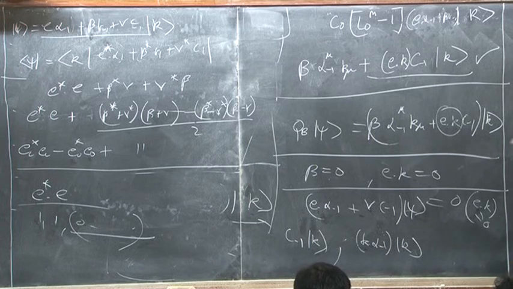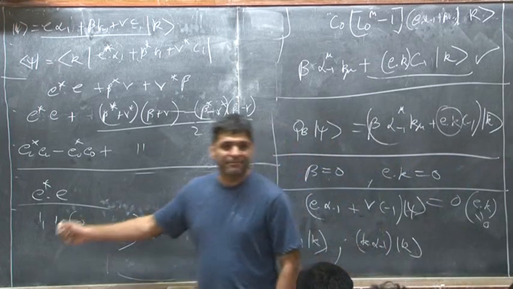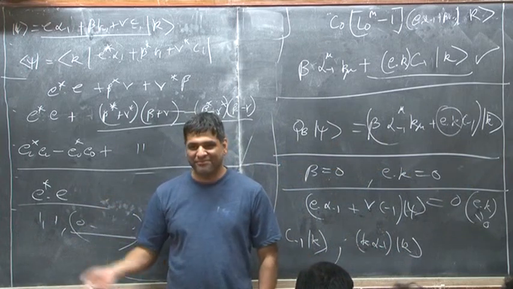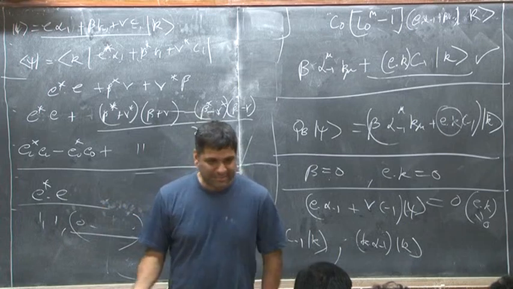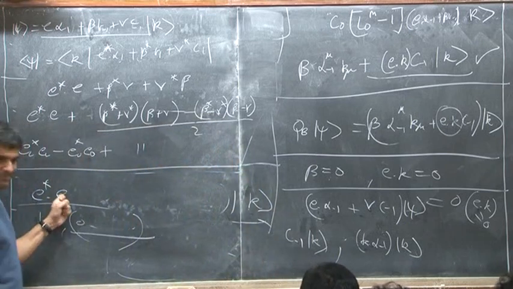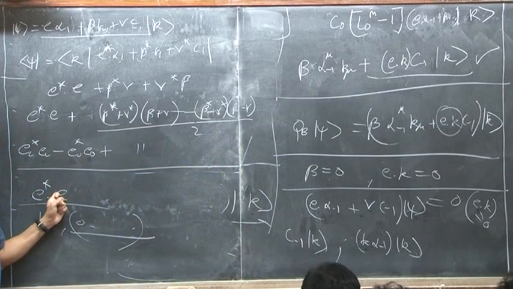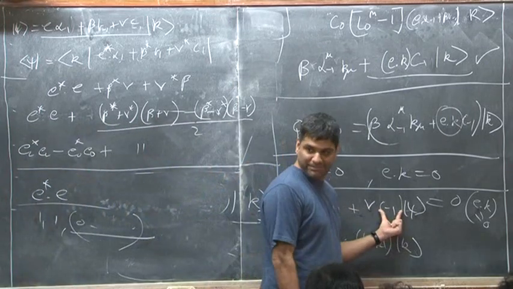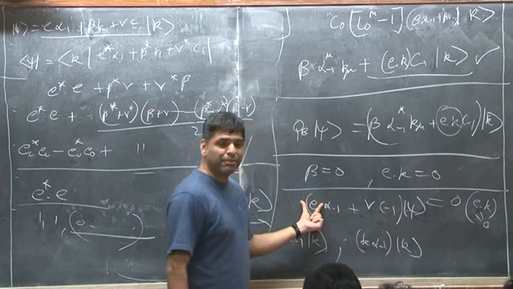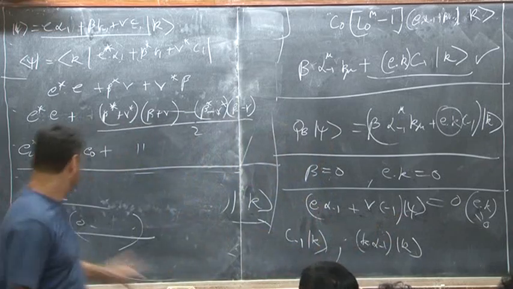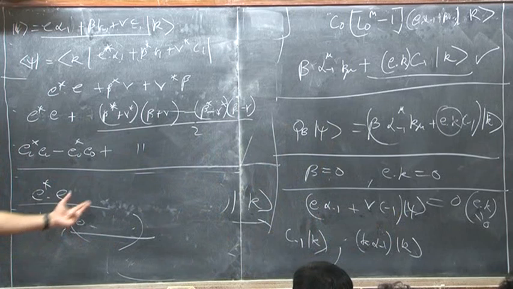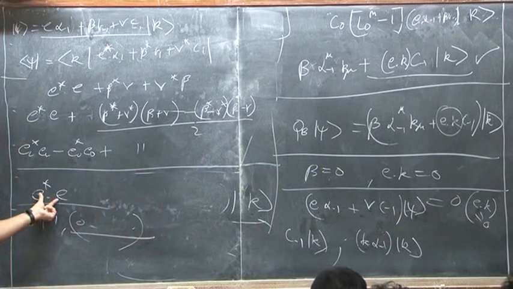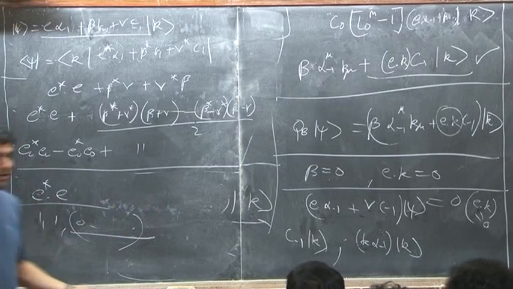Now, both the zero norm states are BRST exact, because precisely those states were zero norm that were BRST exact. Which were the zero norm states? A, this gamma C minus 1. And B, E proportional to K. The gamma was zero norm because it just didn't enter the inner product. And E proportional to K is zero norm because K dot K is zero.